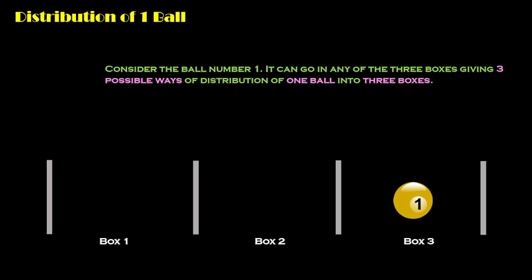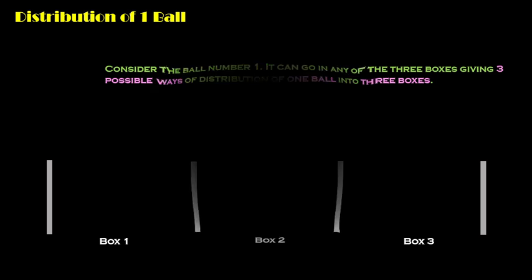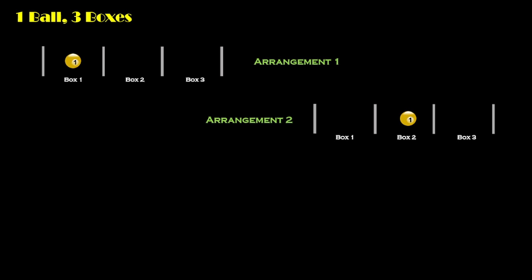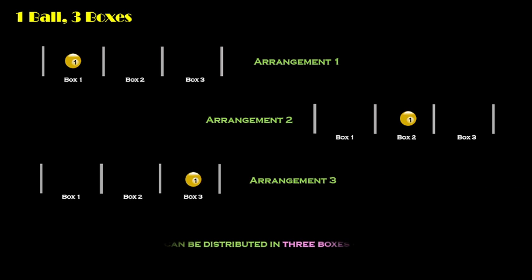So we have 3 distinct ways of putting ball 1 into 3 boxes. One ball and 3 boxes: we have 3 distinct arrangements. The first arrangement, ball 1 in box 1, second, ball 1 in box 2, third, ball 1 in box 3. So we have 3 arrangements for one ball and 3 boxes.